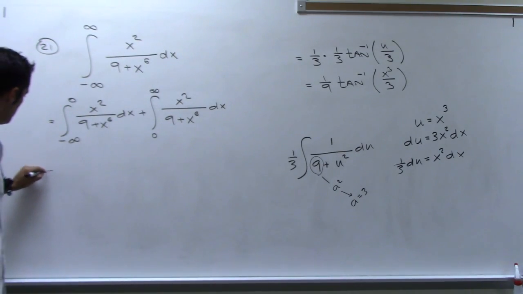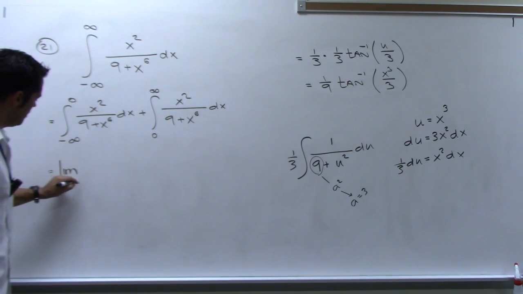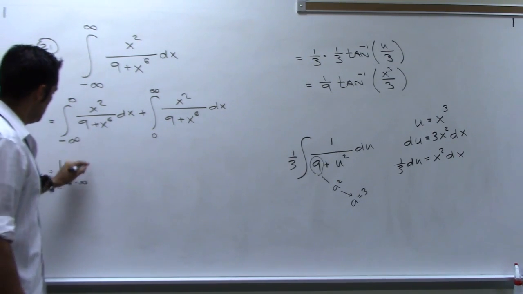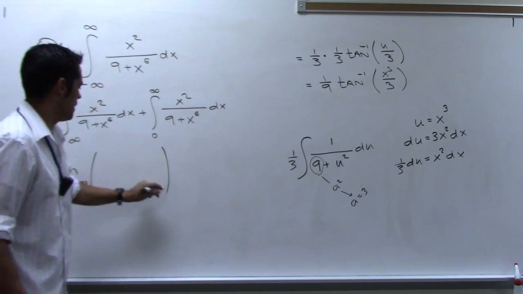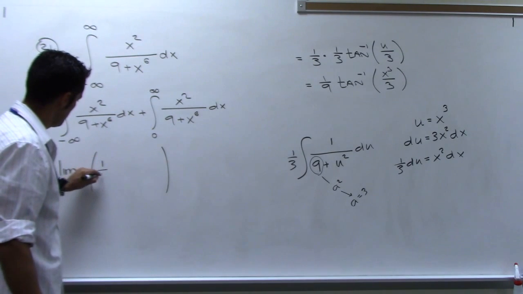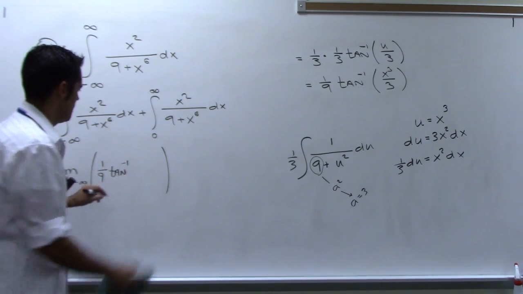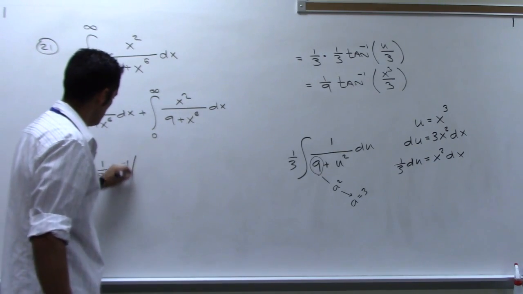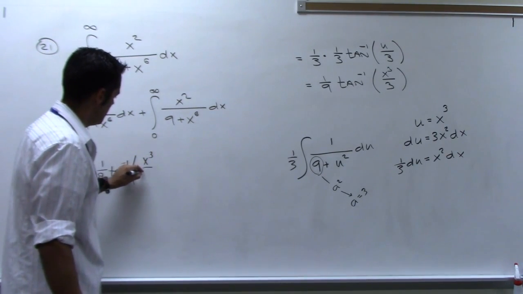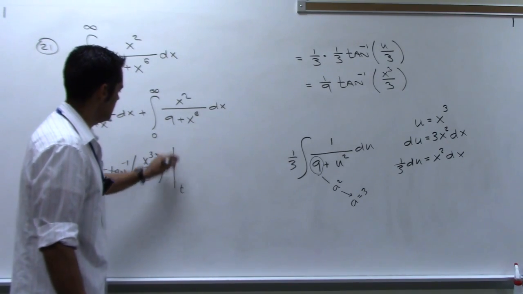So we've got limit t goes to negative infinity of the antiderivative, which is 1/9 arctangent of x cubed over 3, evaluated from t to 0.